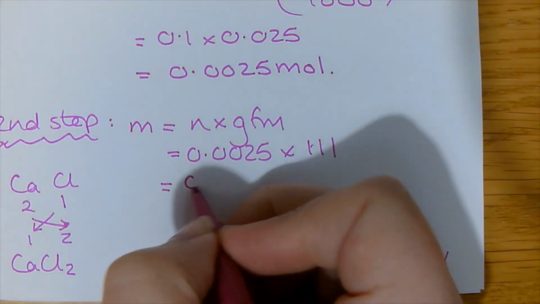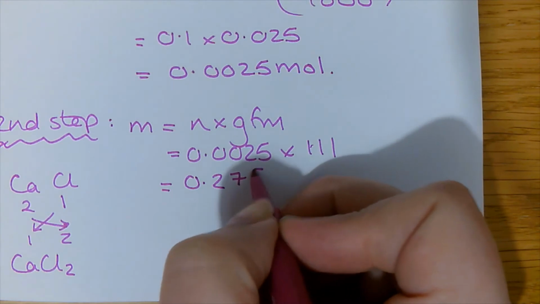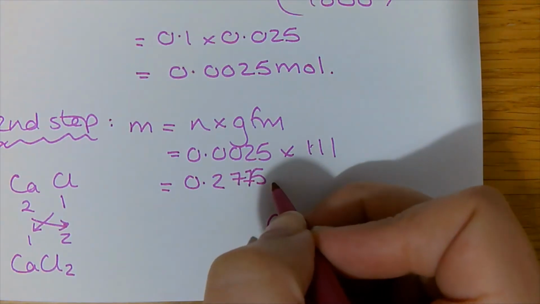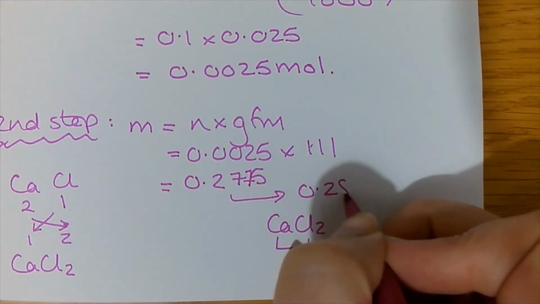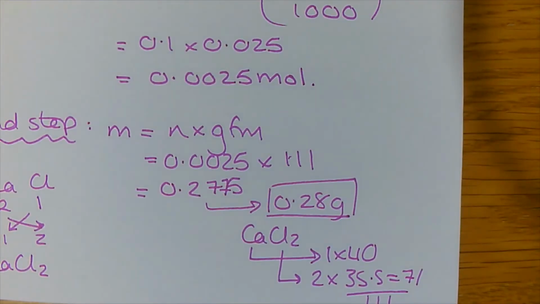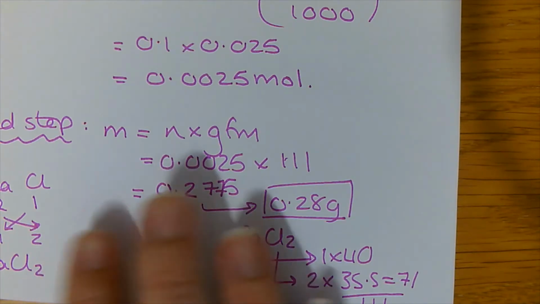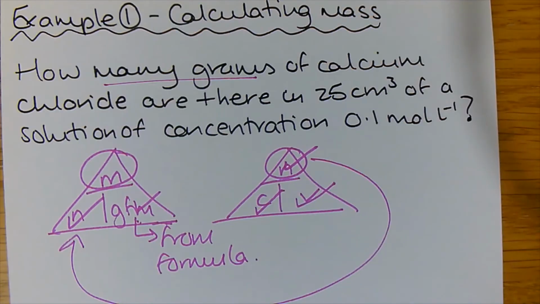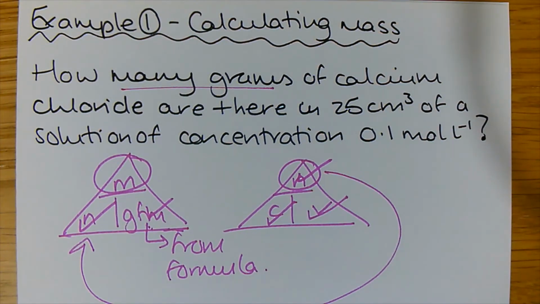And when you work that out, you'll get an answer of 0.277, and we can just round that and say the answer is 0.28 grams. So that is how you would use both triangles to work out how many grams, so to work out the mass of solute you need to use to make a solution.